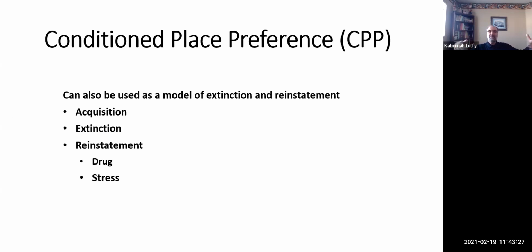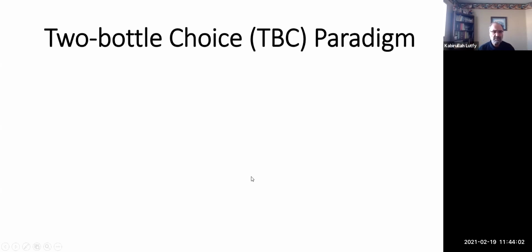Over time, they lose that memory. I think it is not the loss of the old memory, but they develop a new memory, that these two sides are the same: why should I go to one side rather than the other? Eventually the response gets extinguished, and then you can reinstate it by exposing the animals to the drug, and then boom, they go to the side if it's rewarding. If it is aversive, they avoid that drug pair chamber. And you can do the same thing with stress.